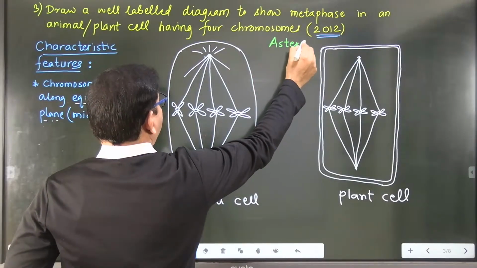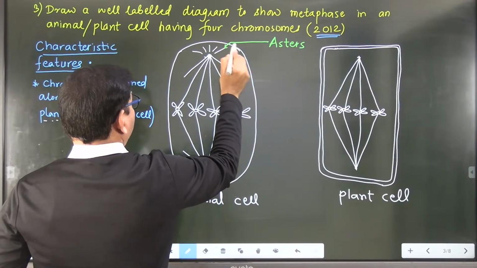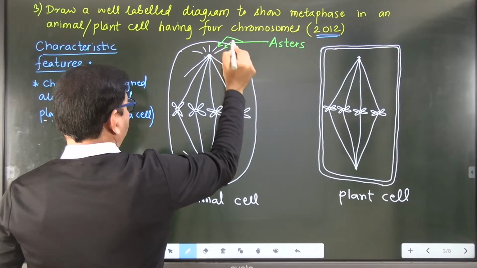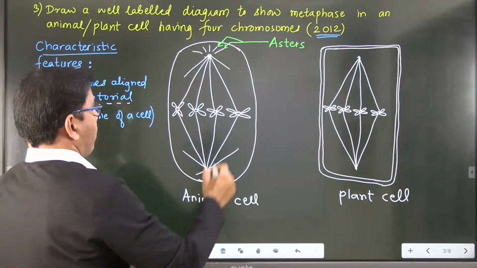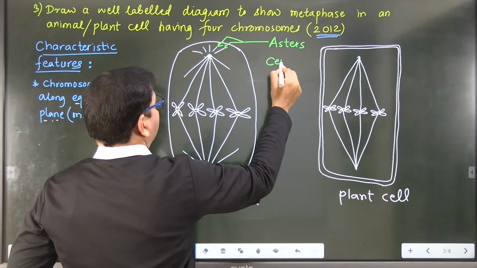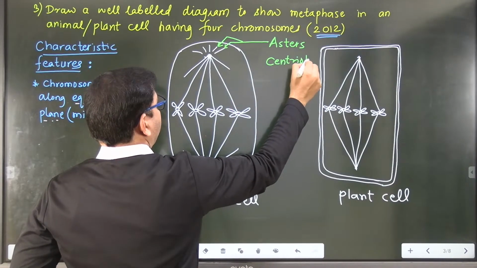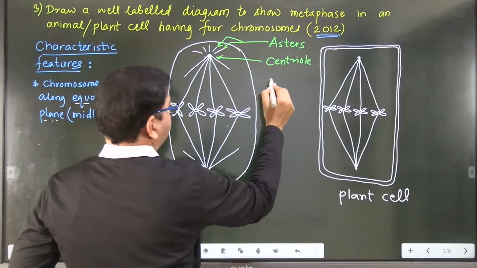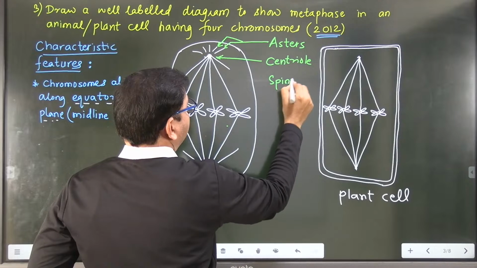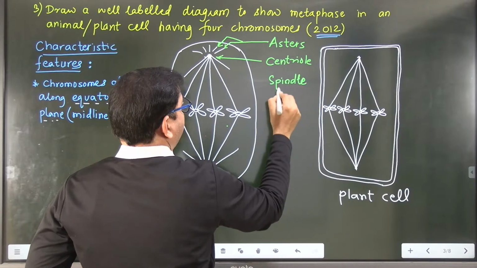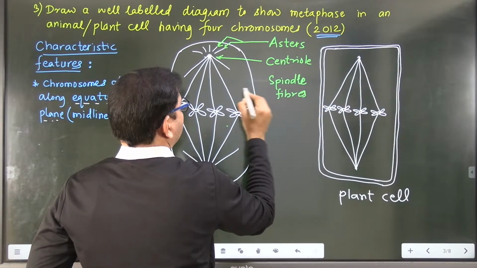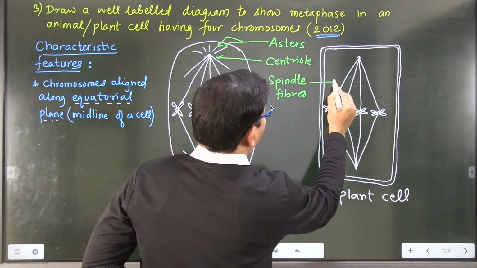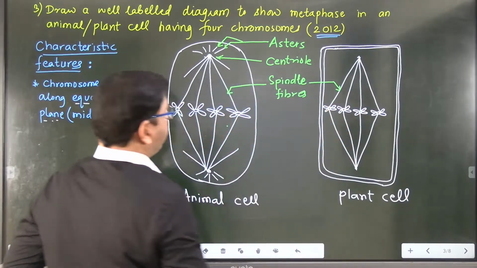Esters, only in animal cell. Centriole, only in animal cell. Now comes the common part, that is spindle fibers. Spindle fibers.